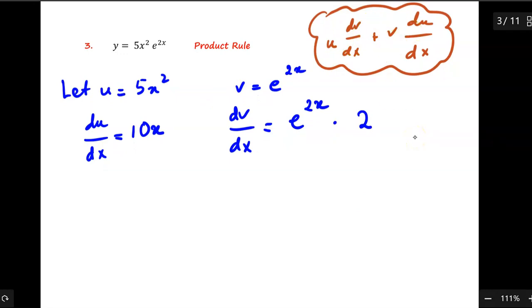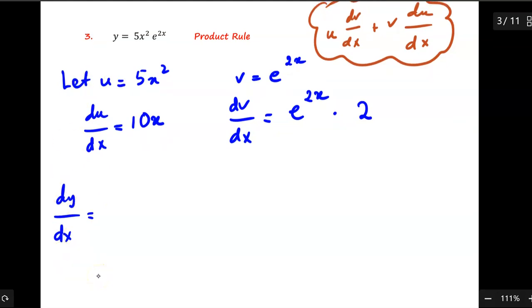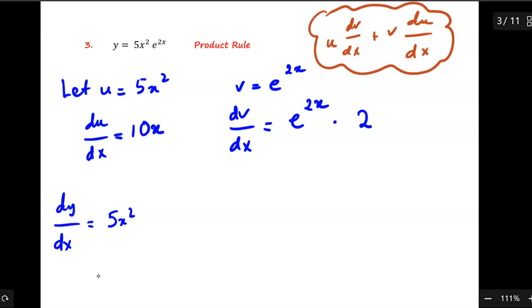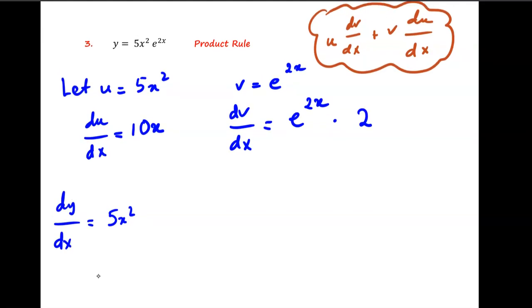So u in this case will be 5x squared. So now I will write dy over dx. I want to remind everyone to be mindful of your notation. Okay, so once you differentiate, you make sure that you write dy over dx on your next line. So then it will be equal to u, which is 5x squared, and then I multiply this with dv over dx.